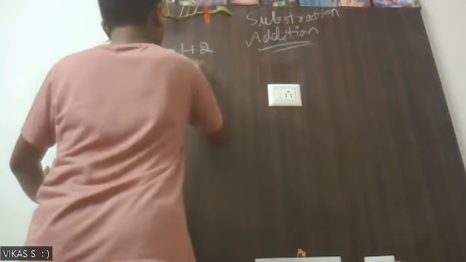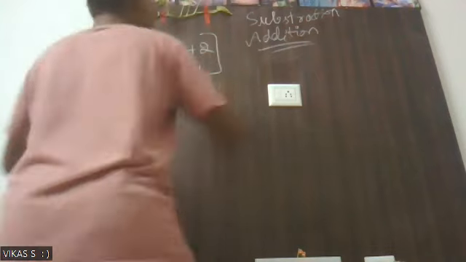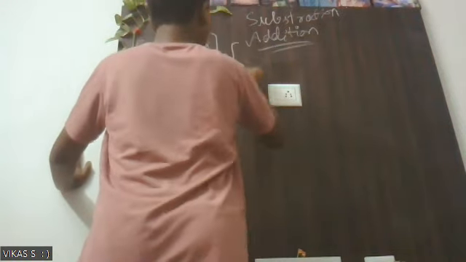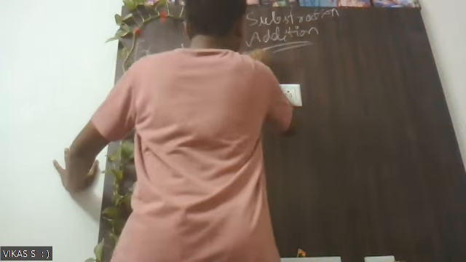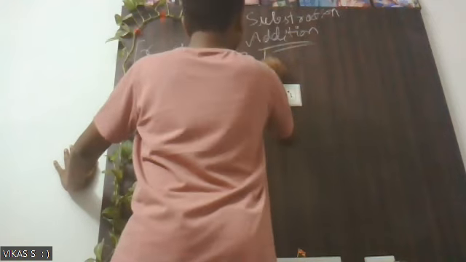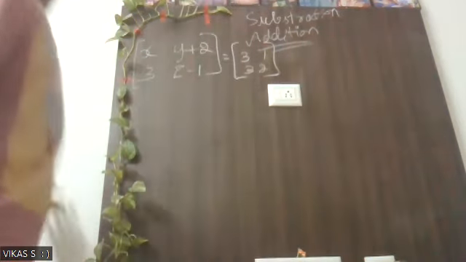The example is something like this: x and 3, and y plus 2 and z minus 1, equal to 1, 3, 2. This is the question. So what should we do here?